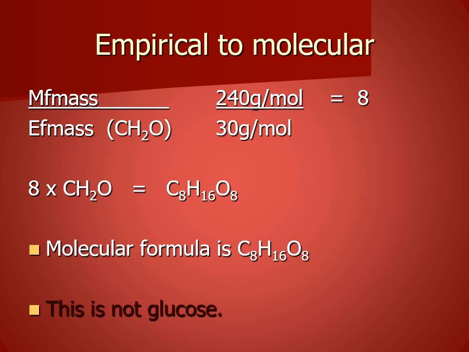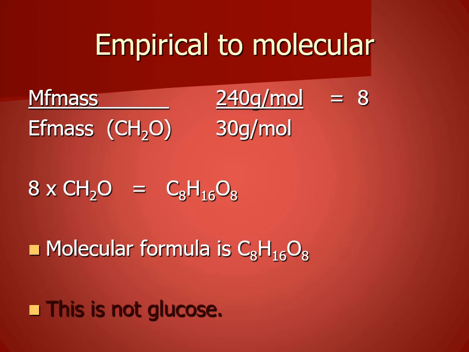Okay, here we are. So 240 grams divided by the empirical formula's mass: 1 carbon, 2 hydrogens, 1 oxygen. Well, you add that all up, that comes to 30 grams. 240 divided by 30, my multiplier is 8. So I take my empirical formula down here and multiply it by 8: 8 times all the subscripts, 8 times 1, C8; 8 times 2, H16; 8 times 1, O8.